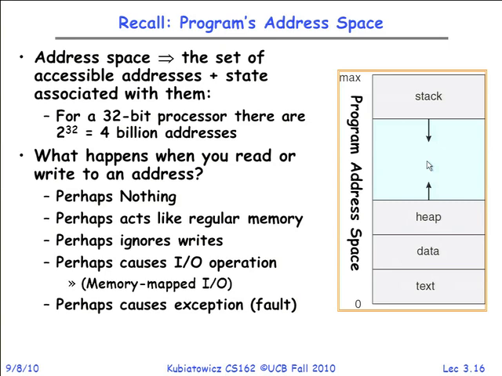So the difference between writing in a spot that's allocated and writing in a spot that isn't allocated is that the processor complains. And there are other things that could happen. You could have a section that's called read-only, like the text segment is often read-only, and if you write there, perhaps your writes just go away. Or perhaps they cause another seg fault, which is a read-only seg fault. We will talk a lot about how to implement this stuff when we get into virtual memory a little later in the term.